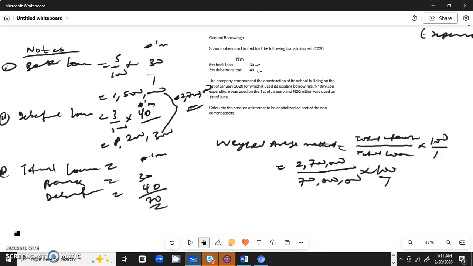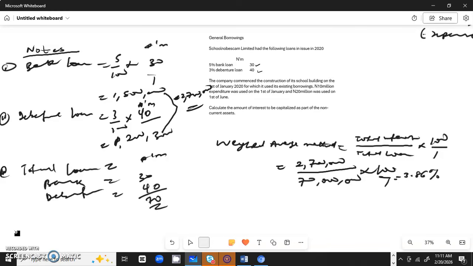Use our calculator. As an accountant, you need to have your calculator by your side so you can do quick calculations. Now let us do the arithmetic. 2,700,000 divided by 70 million, multiplied by 100, will give us 3.857, approximately 3.86%.